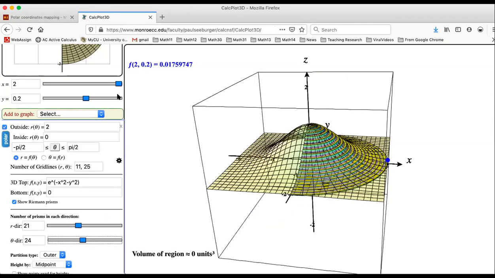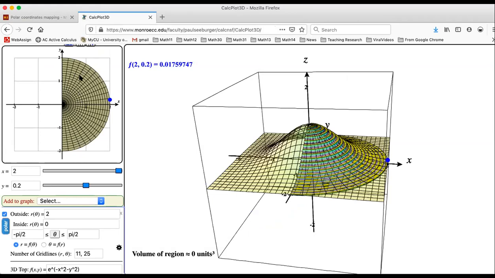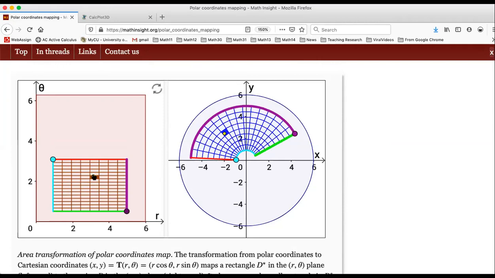Remember, we're integrating over this polar region up here. So I need to figure out what's the area of the base and then times the particular height it corresponds to on the mountain. And so that leads us to a great question: what is the area of one of these blue boxes? And does it depend on both r and theta, or just one of those variables?